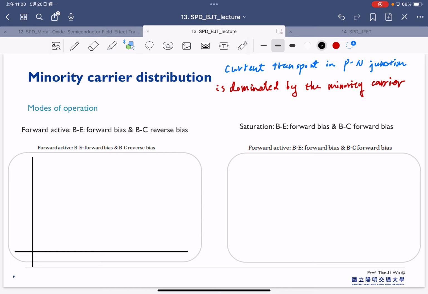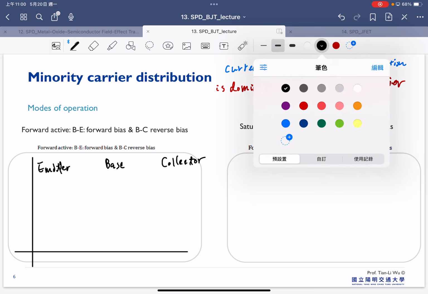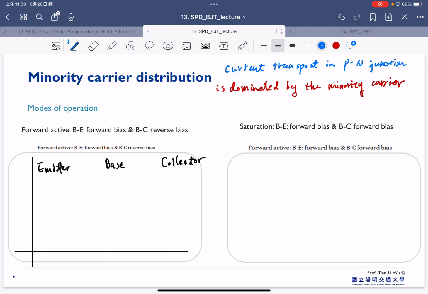So we first draw the emitter, base, and collector. Right now, we are considering different regions where we have different coordinates. So we have this one. This is the junction between the base and emitter.